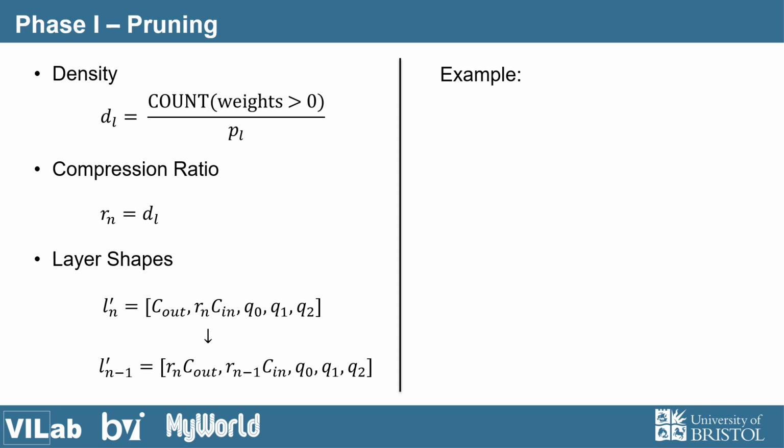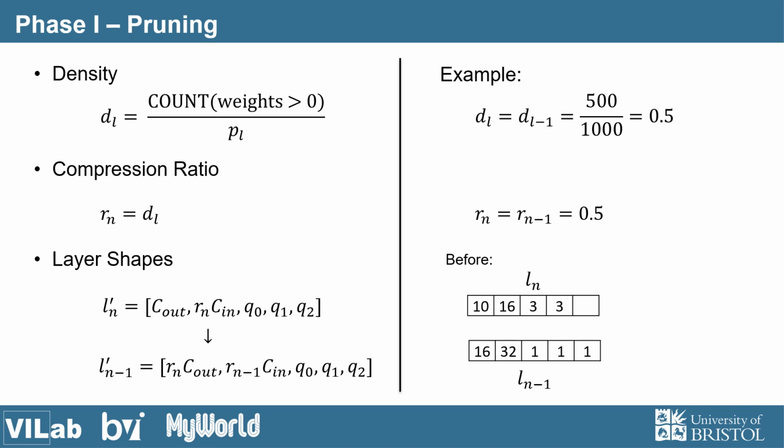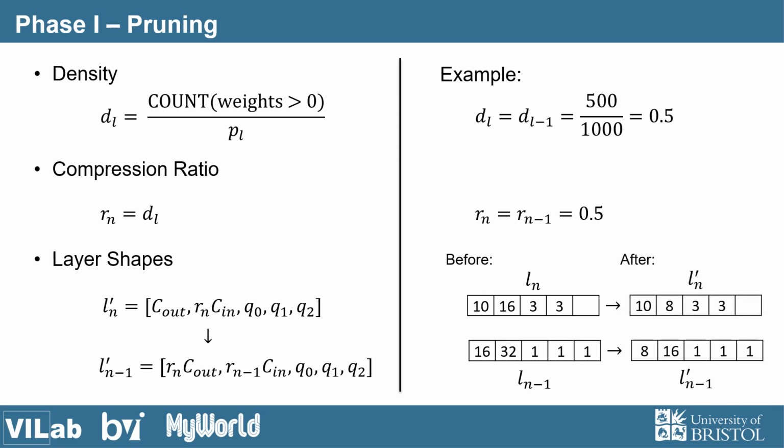For example, if the densities for the last two layers in a network were both 0.5, we would set the compression ratios for those layers as 0.5. If the following layers were the dimensions associated, they would produce the following output. We follow this process for every layer in the original ST-MFNet, except the first, where we leave the input channel's value intact. After this, we have obtained a compressed architecture.